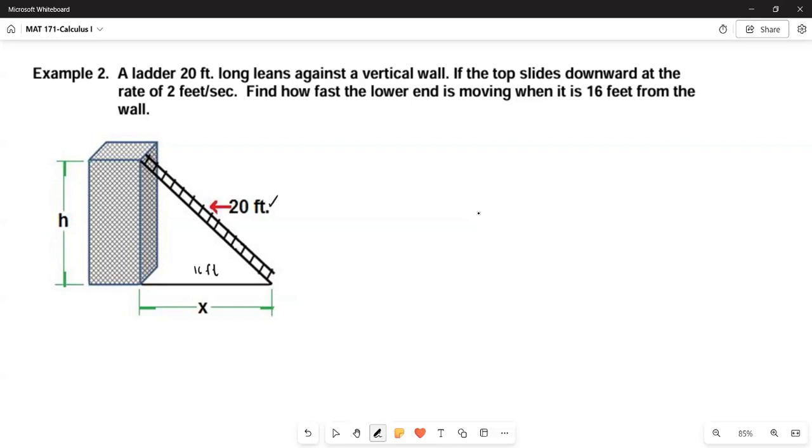So meaning, itong ladder natin ay pababa, gagalaw. Ang rate niya is 2 feet per second. Pag bumaba itong part na ito, ito naman ay papunta sa kanan. Yan ay dx with respect to time. Kumbaga, yung change in x with respect to time, yun yung hahanapin natin.